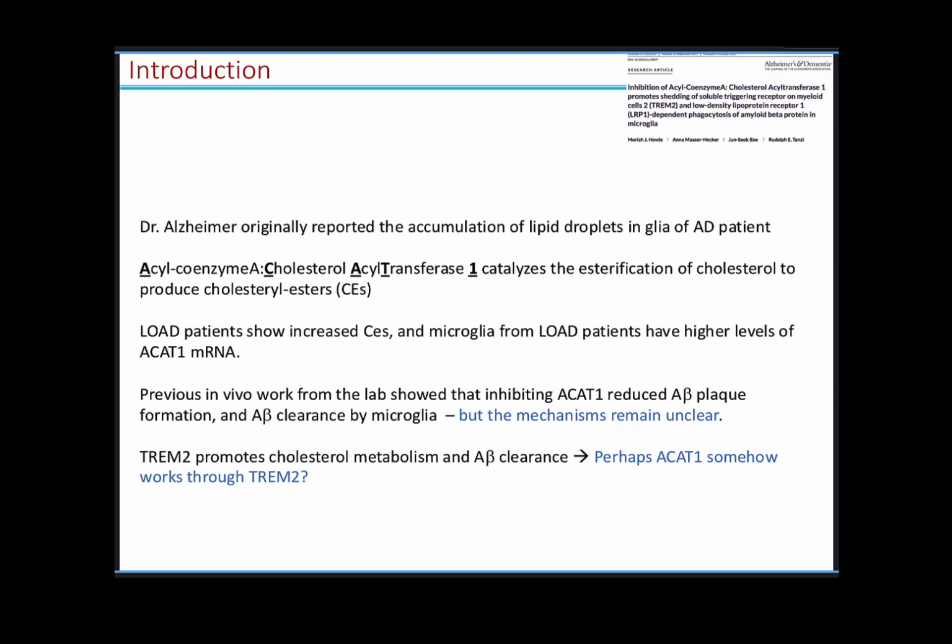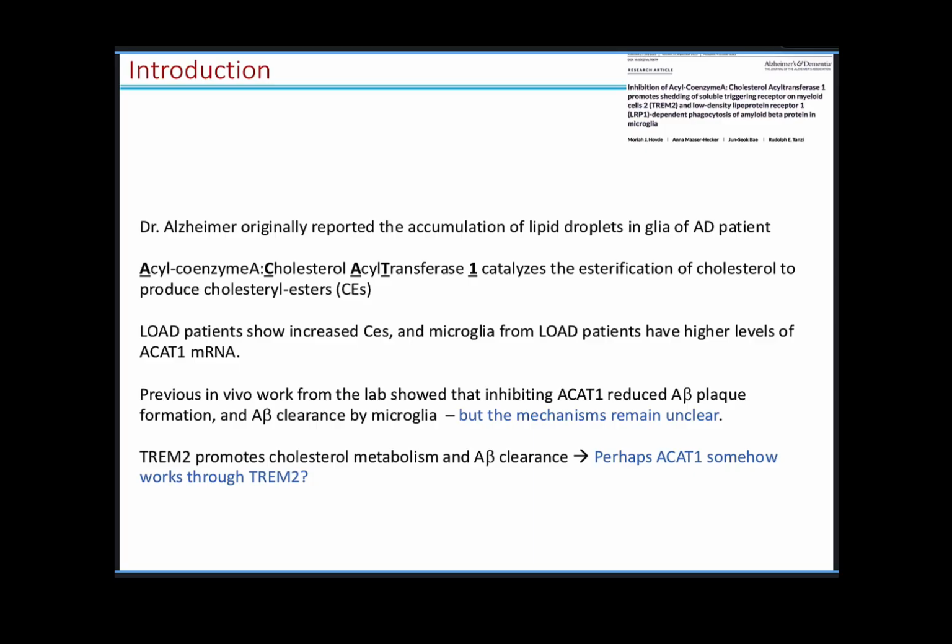Right? So that led to a whole bunch of people interested in what might be the connection between lipid metabolism and Alzheimer's disease. And previous work showed that this enzyme, ACAT1, catalyzes the esterification of cholesterol and produces cholesterol esters, which are more easily picked up by cells and out of circulation.